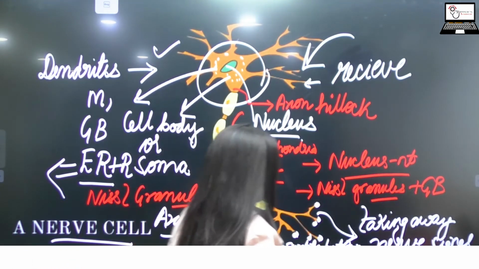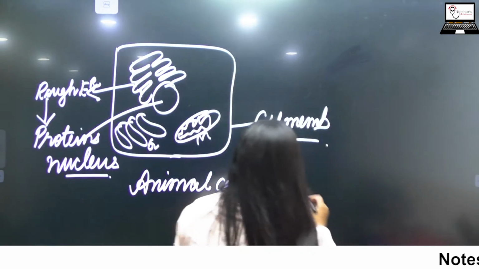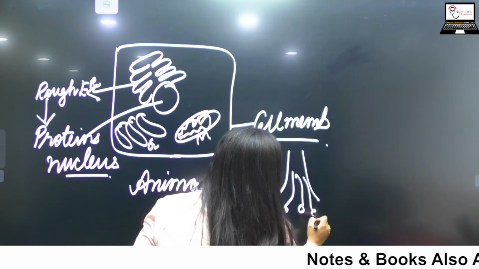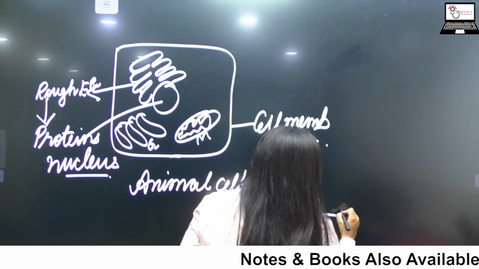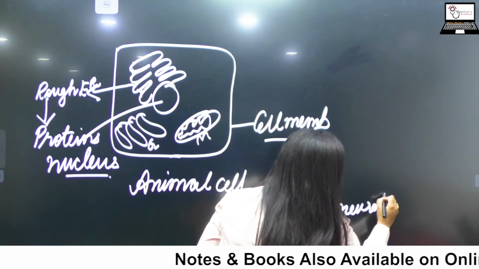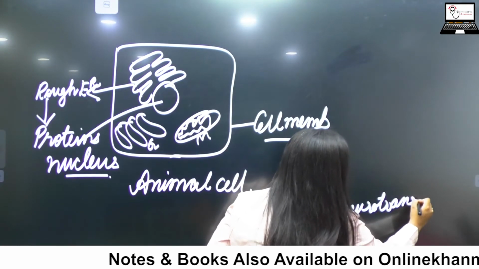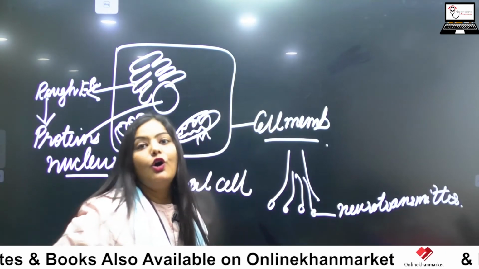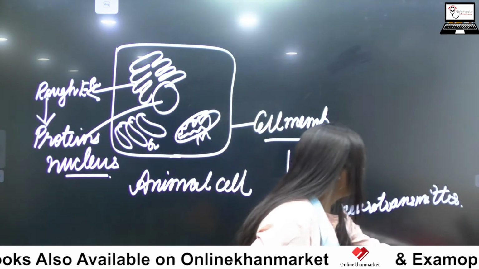Why? Because neurotransmitters are present here. At the end of this axon, some synaptic knobs are present, and they consist of neurotransmitters. These neurotransmitters are responsible for chemical transfer of the nerve impulse.